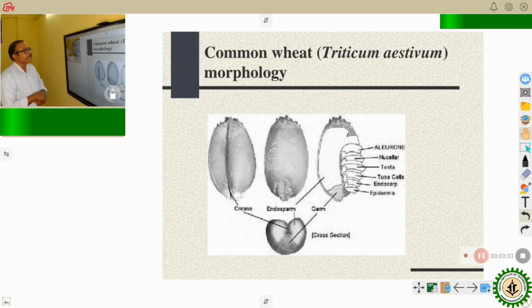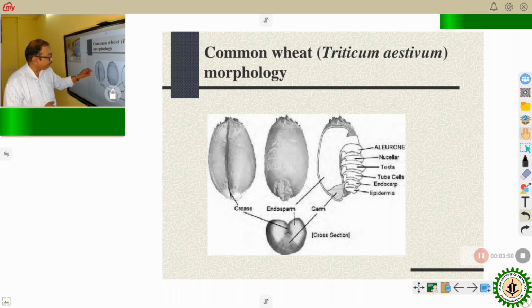Common wheat variety. Wheat is consumed throughout the world; it is the first cereal grain consumed in the greatest amount. Botanical name of wheat is Triticum aestivum.